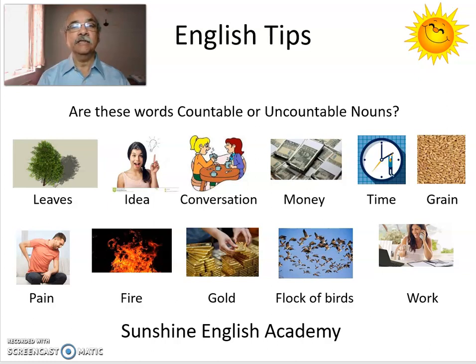So, conversation becomes countable because there is the article a before the word. He is having a conversation. The moment you say a, the noun becomes countable. And we can also say he is involved in multiple conversations.